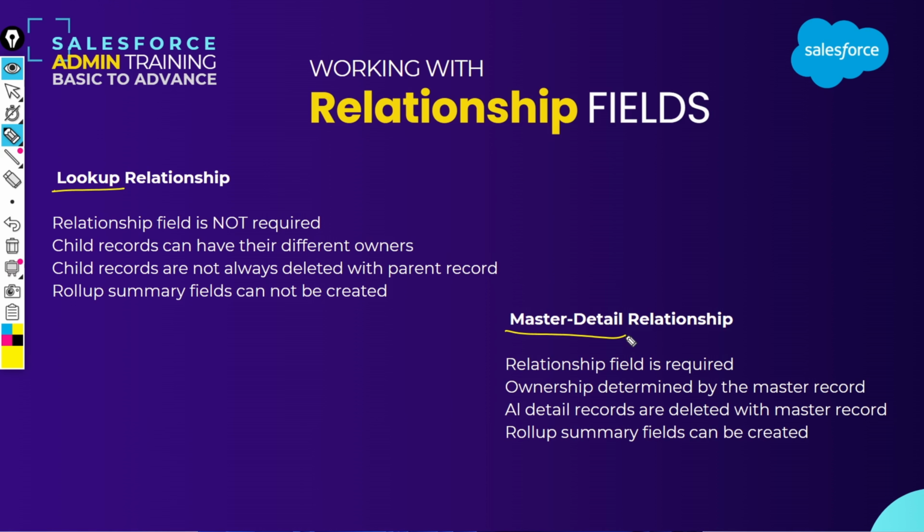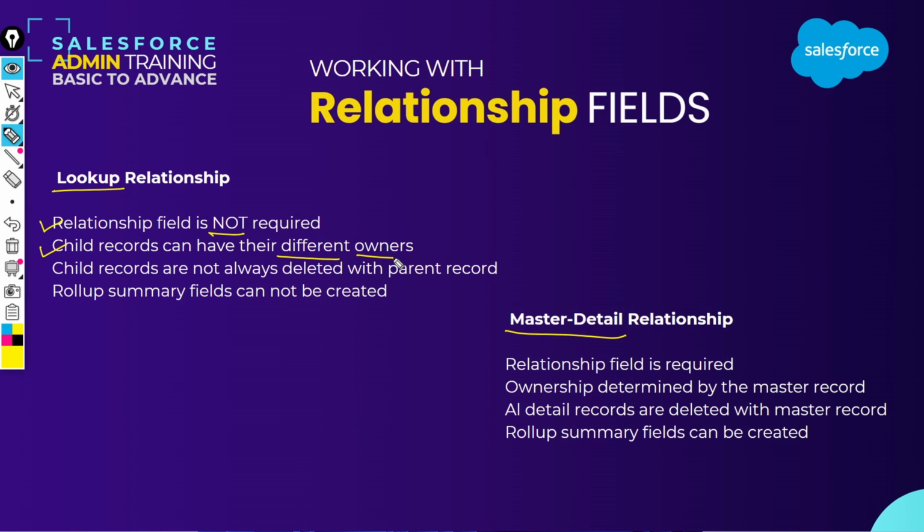In a lookup relationship, the relationship field is not required. You may make it a required field, or you may keep it not required, which would mean that child records can exist without being associated to a parent. In lookup relationship, child records can have their separate owners, so parent and child records do not necessarily need to have the same owner.